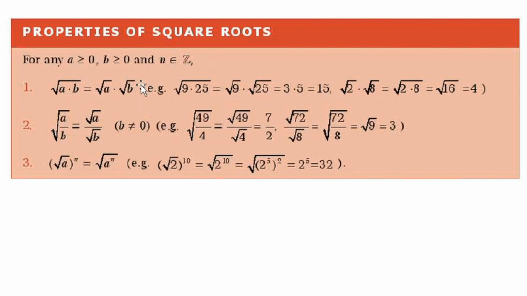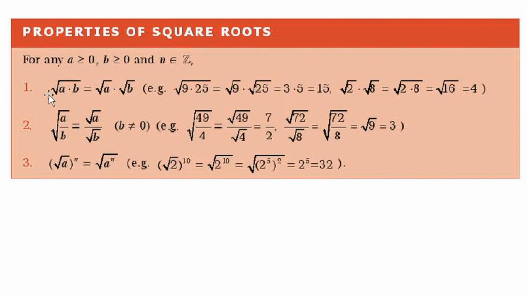My example for that, we have the square root of 9 times the square root of 25. We separate the factors of the radicand. Take the square root of 9, that is now 3, and the square root of 25 is 5. Multiply 3 times 5, so the answer now is 15.